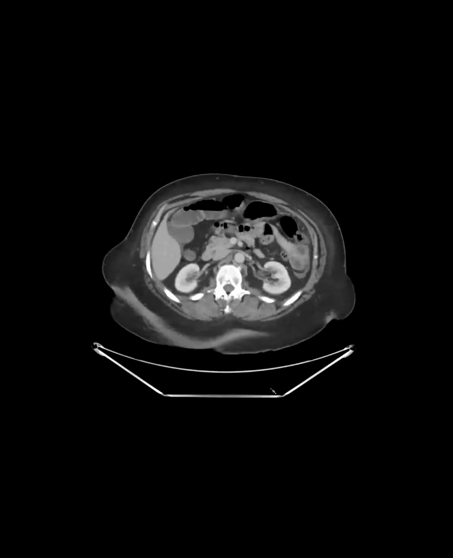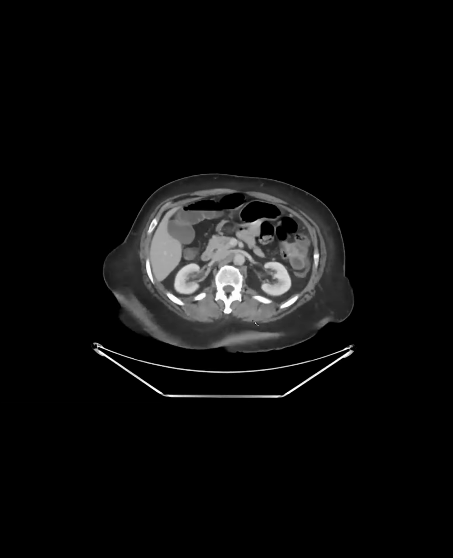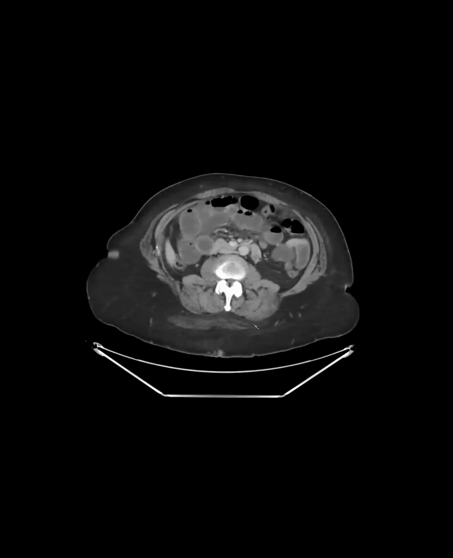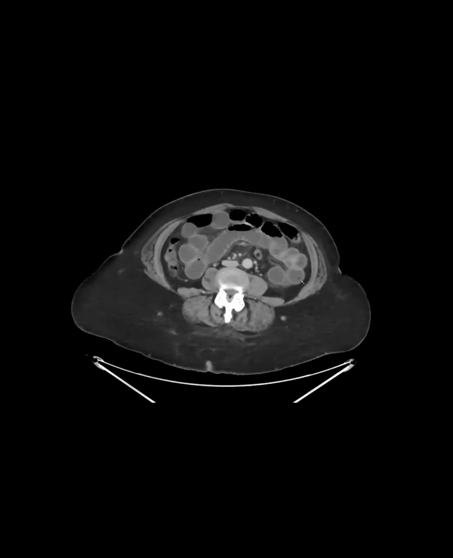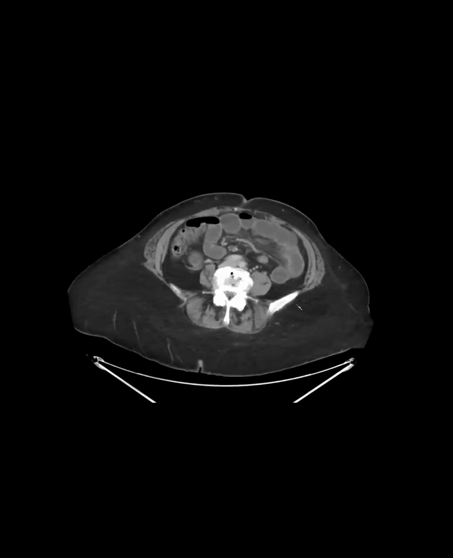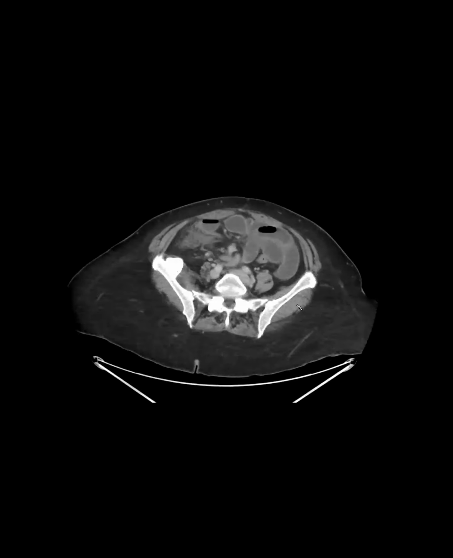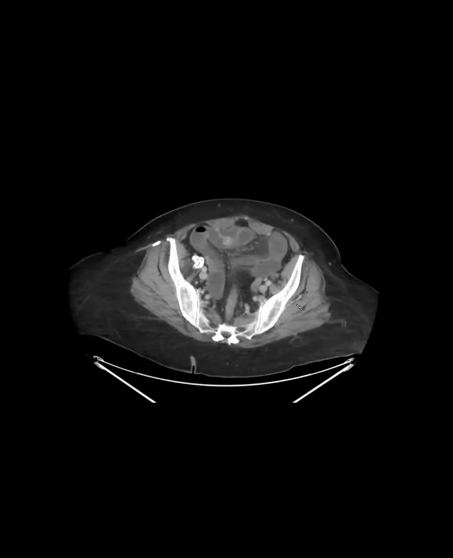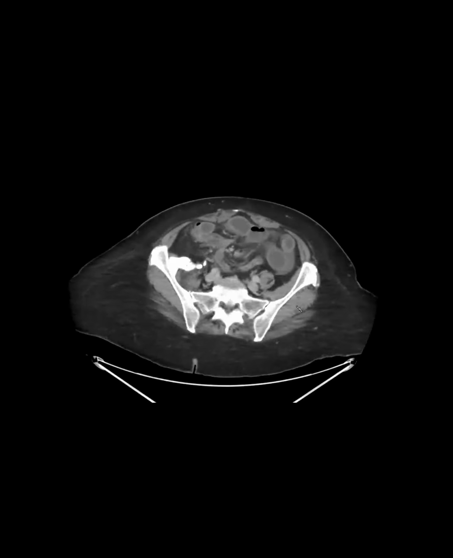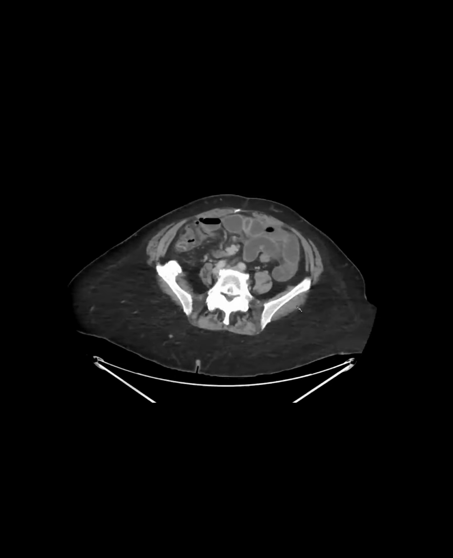This is my first case. You can see that there's something going on with the patient's bowel. There's a bowel obstruction, and then there's a couple of additional findings.